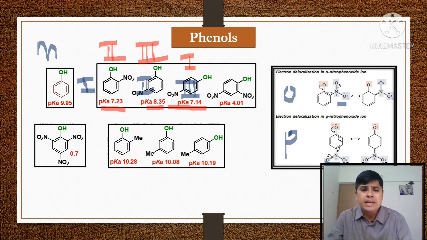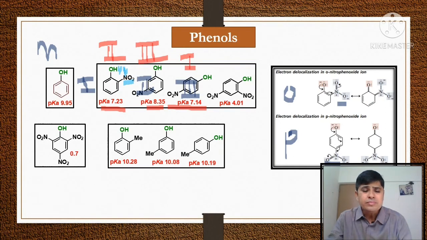But see, in the case of the ortho isomer there is intramolecular hydrogen bonding of this hydrogen with this nitro group. So this nitro group will interfere in the dissociation of the hydroxyl group of orthonitrophenol.